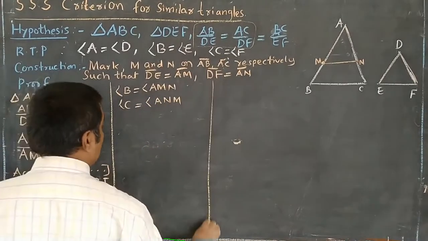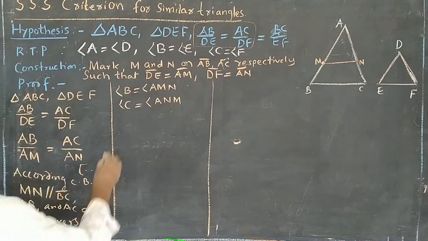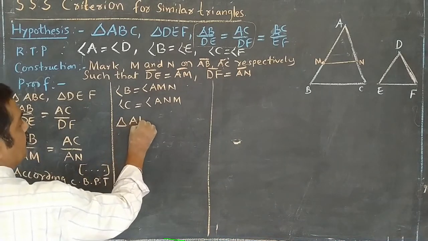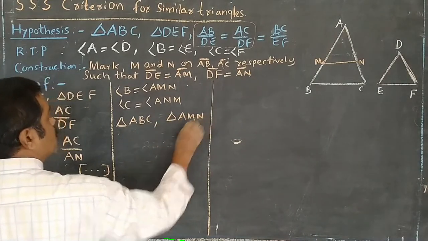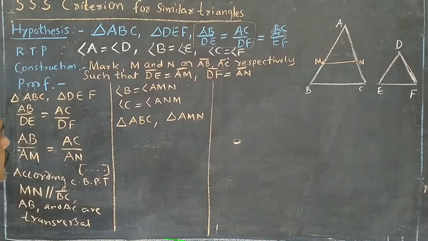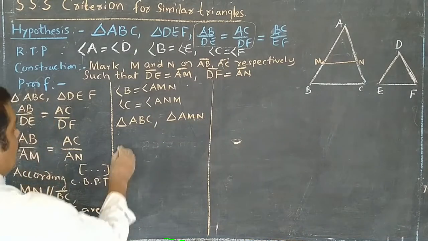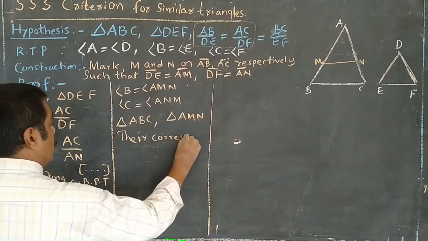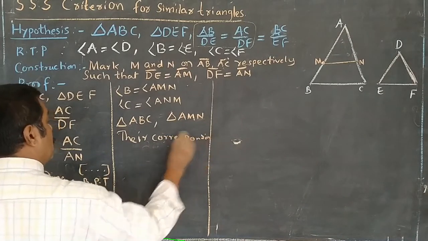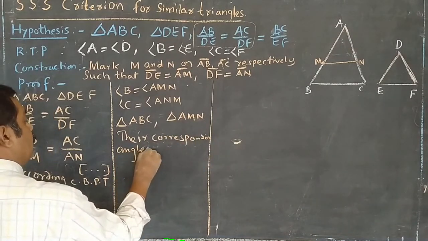Okay, now clear? When I have written like this, I am going to compare triangle ABC and triangle AMN. When I compare these two triangles, what have we understood, children? The corresponding angles are equal.